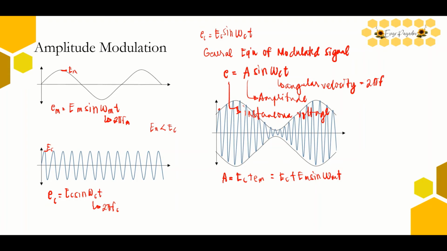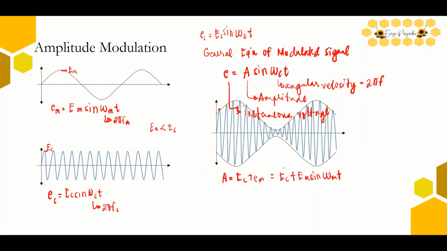Now, what is the formula or equation of our modulated signal? Since this is a sine wave and we follow the frequency of our carrier signal, of course, we are going to use sine omega_c t. Okay?